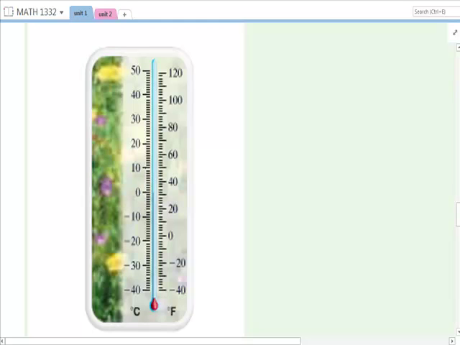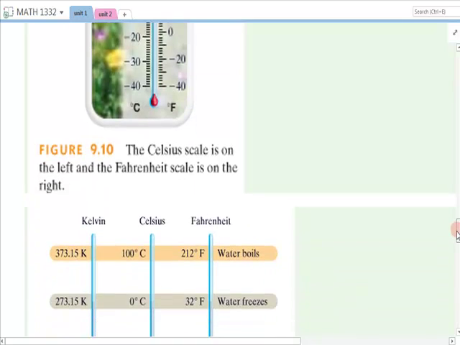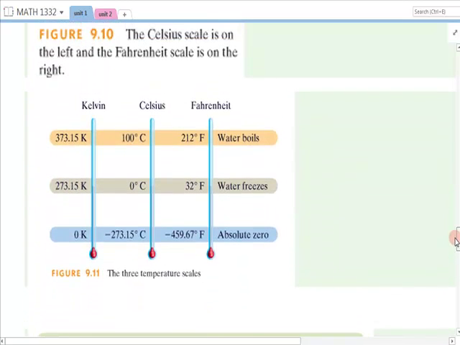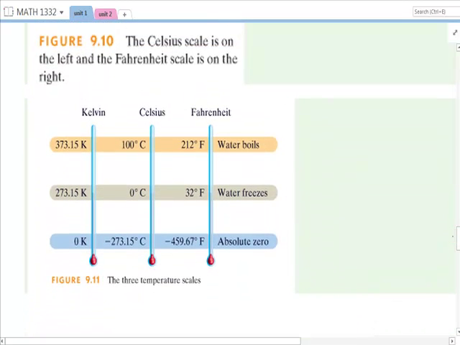All right, here's the deal that I want you to recognize. This figure is clearer. There are 3 temperature scales. Fahrenheit is used in the United States most frequently, except in technical settings. The Celsius scale is more of a metric scale and used probably more universally.